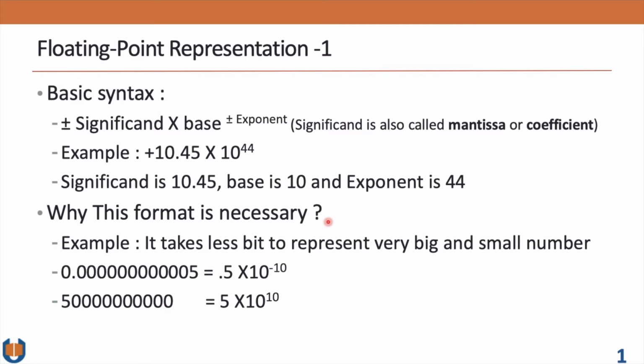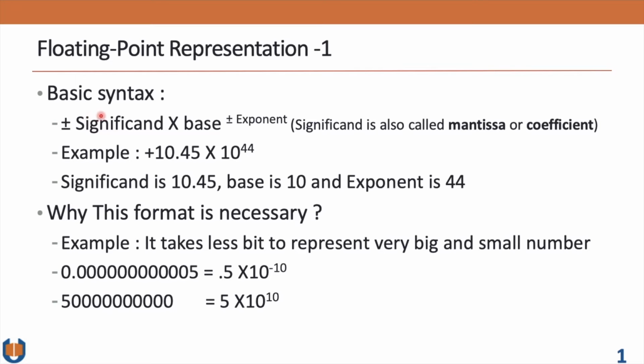Well, so here is the basic syntax for the floating point representation. Any number having a decimal point we call a floating point number. 5.2 and 3.5 are examples of floating point numbers. The basic syntax for a floating point number is plus minus significant times base to the power exponent.